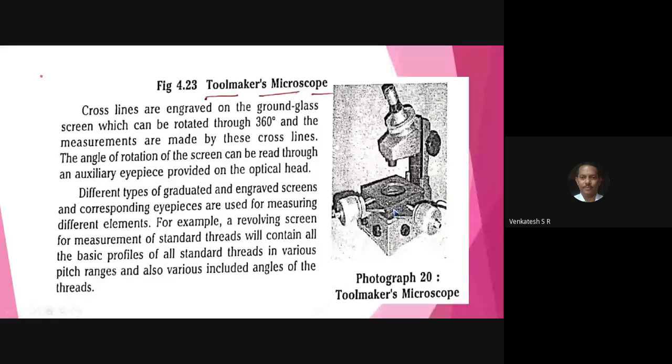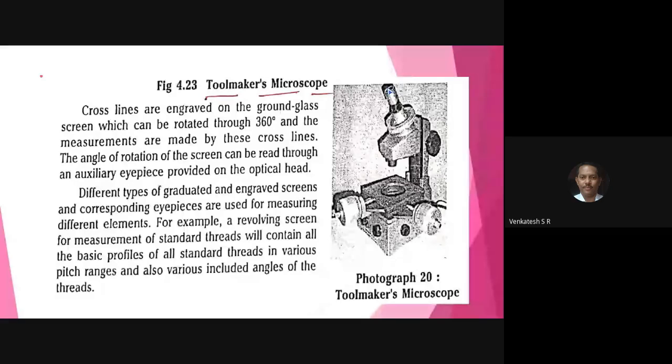In the center, there is a lens and mirror system. The light comes from the lamp, intersects the workpiece and passes through to the eyepiece. You can observe the thread profile in the eyepiece. Adjust the crosswire to read the elements of the thread by using the tool maker's microscope.